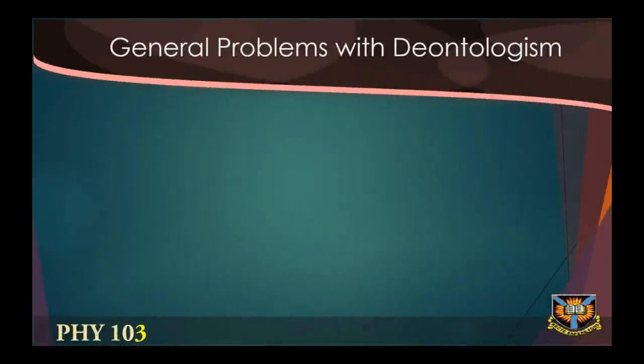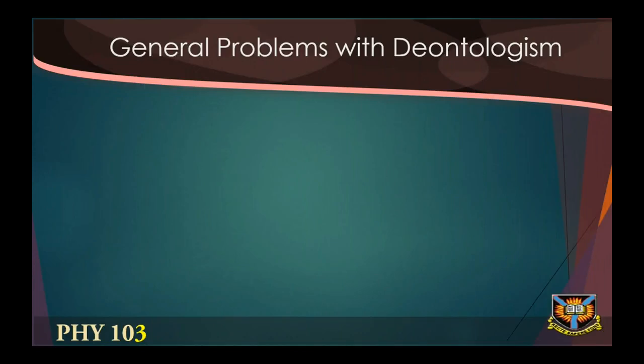General problems with deontologism. The deontological position in ethics affirms that it is possible to determine the moral value of an action without any recourse to the utility of the action in question. This is to be established by direct consideration of the relevant action or the rule underlying it.